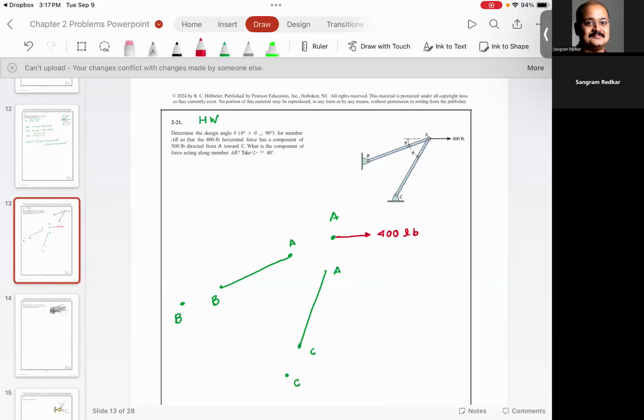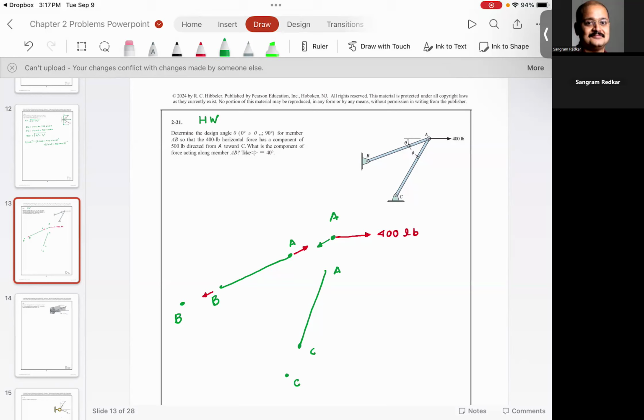Since point A is trying to go towards the right, AB is going to get stretched, which means the reaction force is going to be on the joint, something like this.